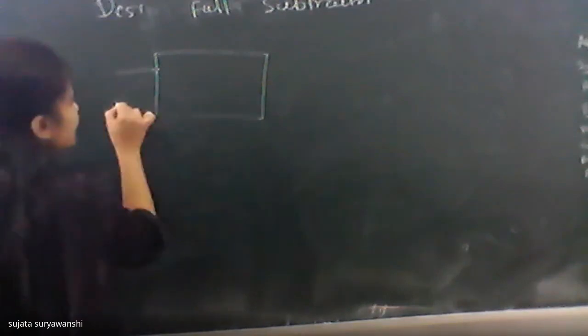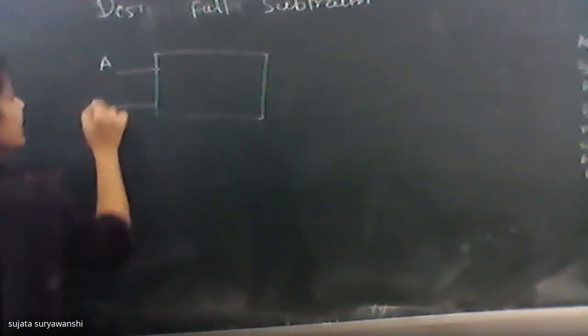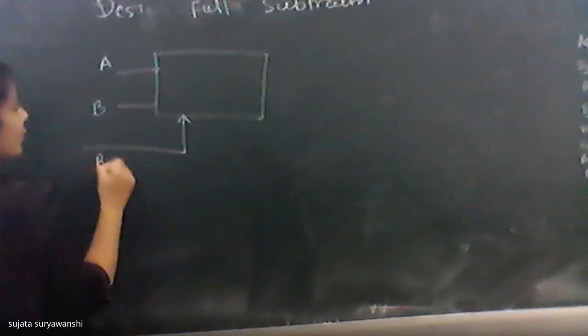Instead of using the half subtractor, you have to use the full subtractor, which is similar to the full adder. The full adder has three inputs, and the full subtractor also has three inputs: A, B and borrow in, which is coming from the previous bit operation.